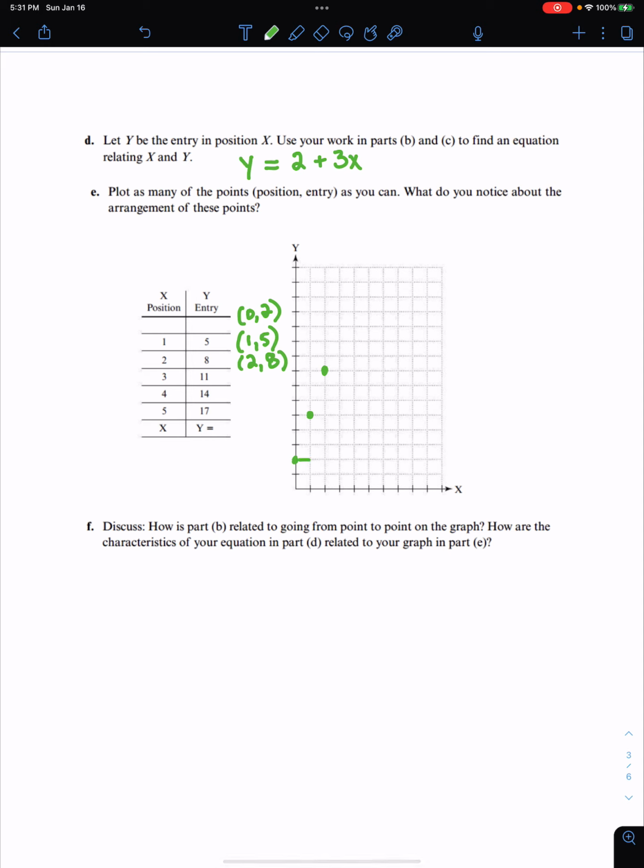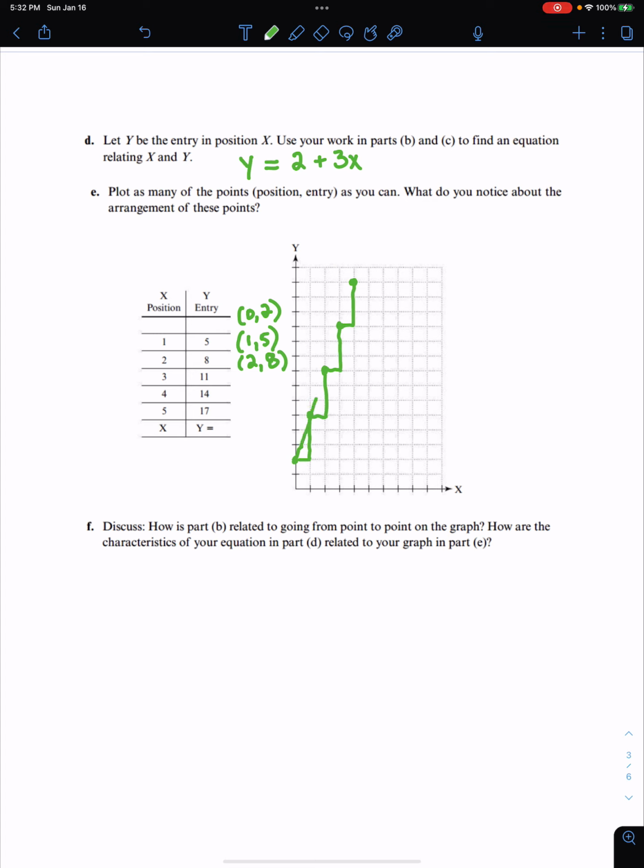Or we could just look at it like this. Over 1, up 3. Over 1, up 3. Over 1, up 3. There's our next dot. Over 1, up 3. And if we connect these points on a graph, how are they related?